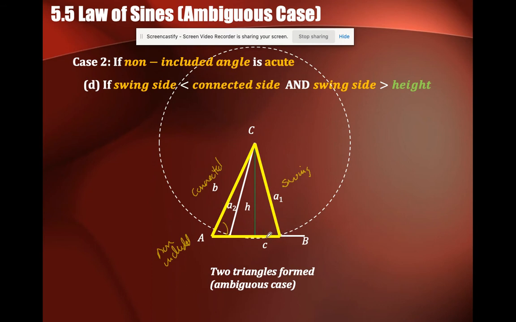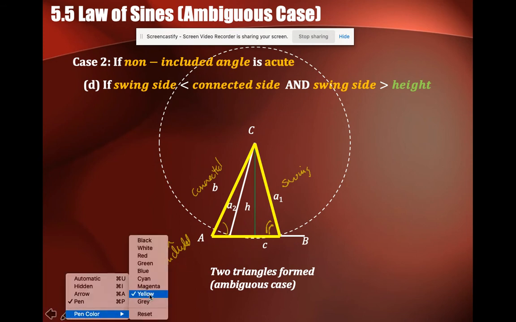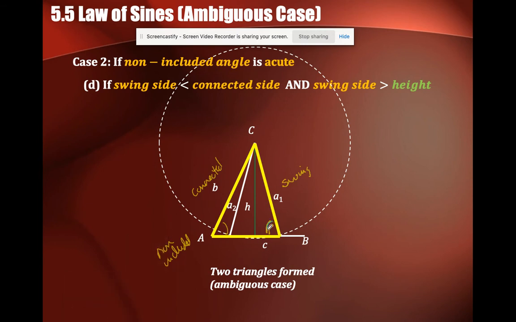So it can make this triangle here. Notice that the angle I get there is acute. But look at the second triangle. Do you see the second triangle there?